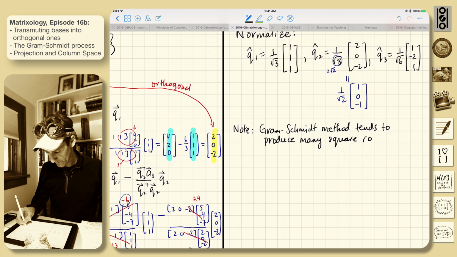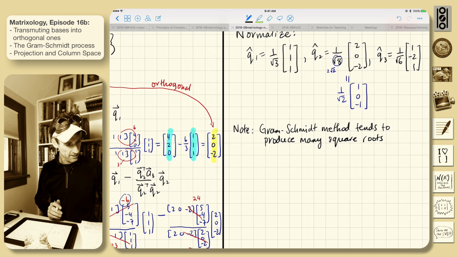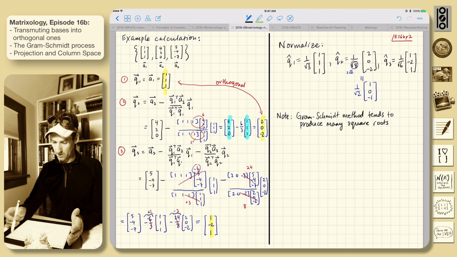It's okay. They'll be sitting on the bottom, right? 1 over root 2, 1 over root 6. We'll just get those, their lengths. So that's mainly what I needed to show you for this. So that's this calculation here.